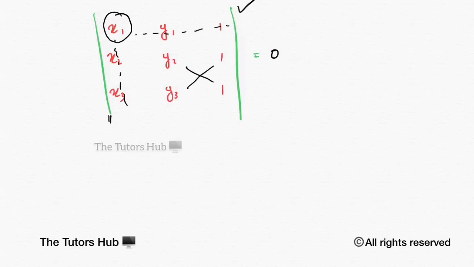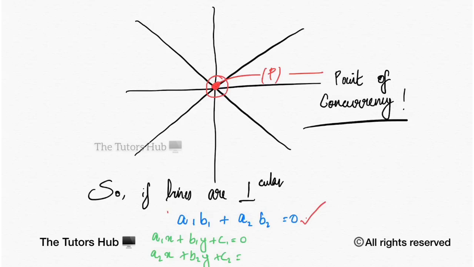I am not dealing much with how we solve the determinant, because I hope that everyone knows how to solve a determinant. So the only condition you have to know is that the determinant value will be equal to 0. Now coming to the previous thing, we have already told that if lines are perpendicular, a1 b1 plus a2 b2 equal to 0. That is what we had missed in the previous portion, and we have now explained it.